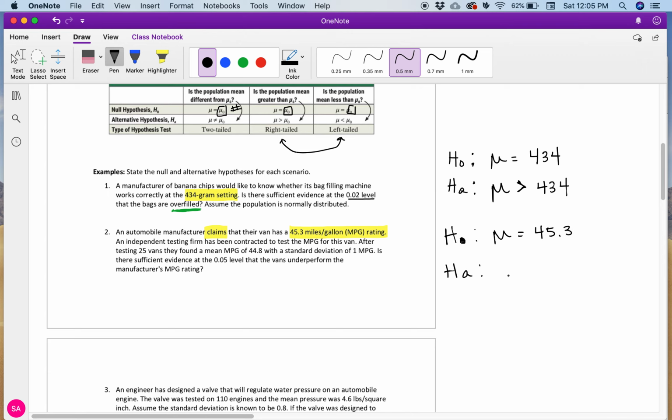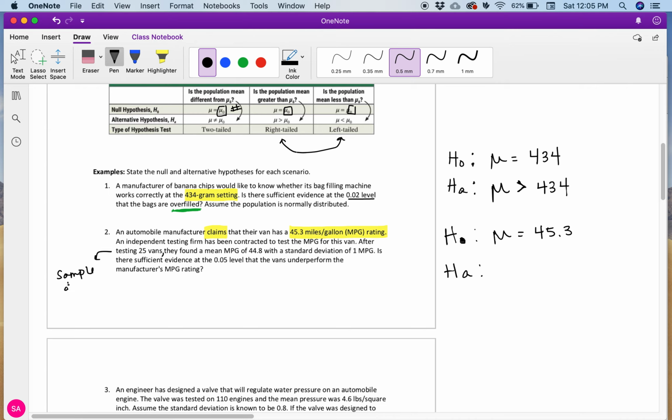Now, our alternative hypothesis. If you keep reading, the sentence that begins with after testing 25 vans, they found a mean MPG of 44.8 with a standard deviation of 1 MPG. This sentence contains data about a sample.